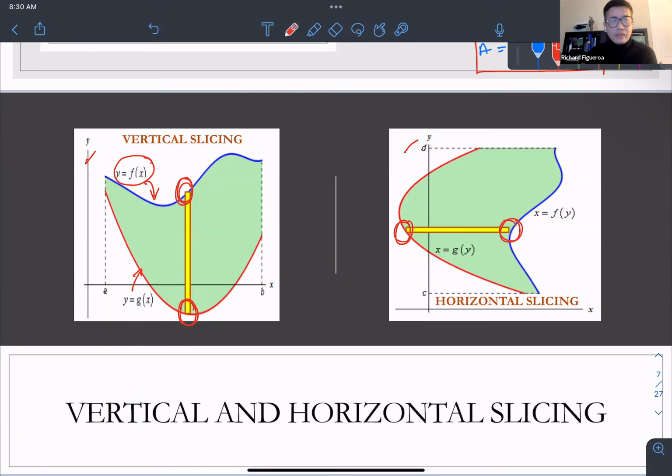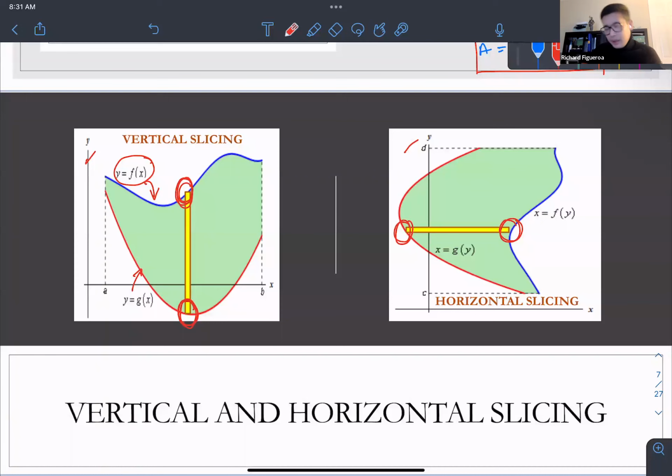The strip should never touch the same curve. In this case, it's not. Look at this: this is blue, the one below is red. It never touches the same graph.